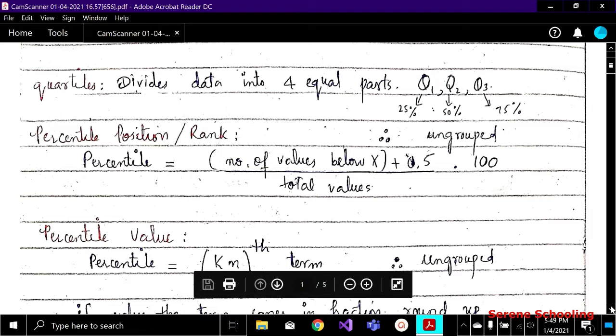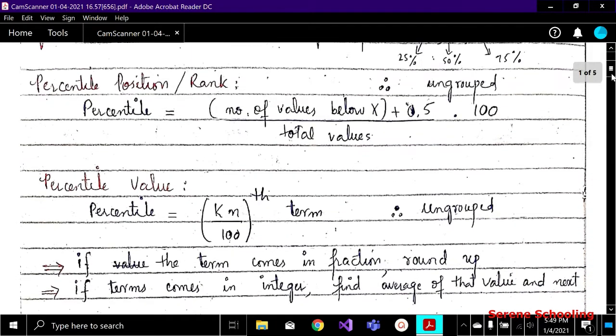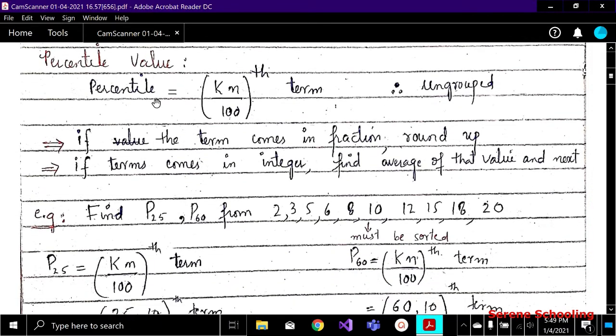Next, we have the percentile value. It was the percentile rank before, not value. Now suppose we are given the rank already, for example that the rank of the number 10 is P20. Suppose P20 is the position or rank of the number 10. We want to find the value, like on P50 which value lies out of all the data values, right?